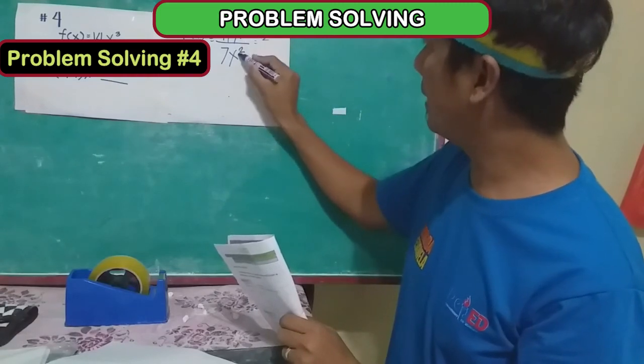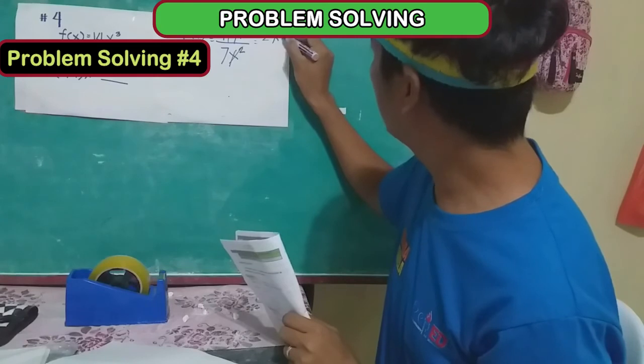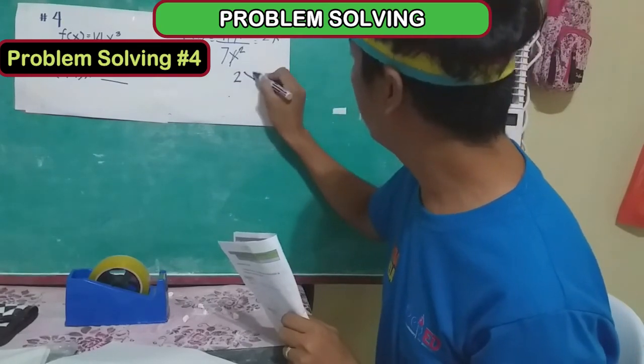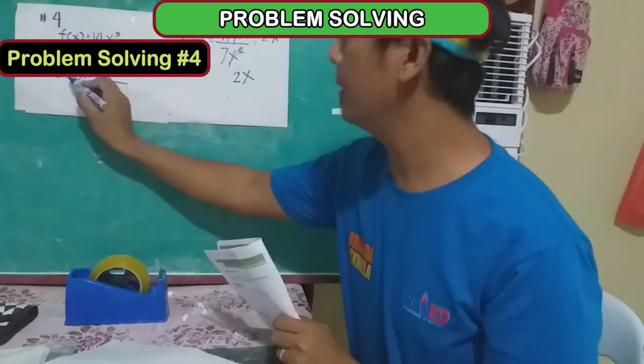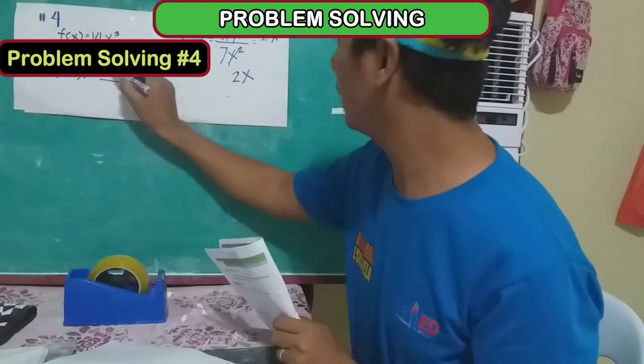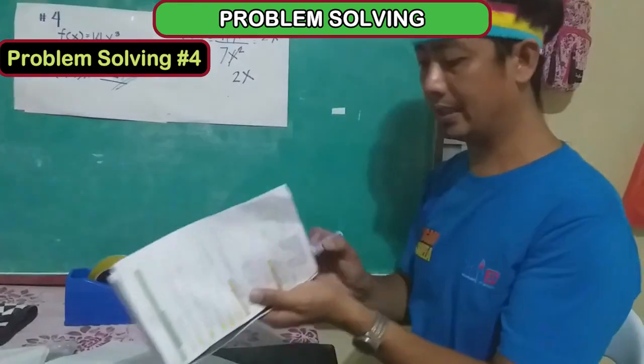X cubed divided by x squared, cancel. Matitira yung isa. So, ang sagot dyan is 2x. Hindi siya squared, x lang. Final answer.